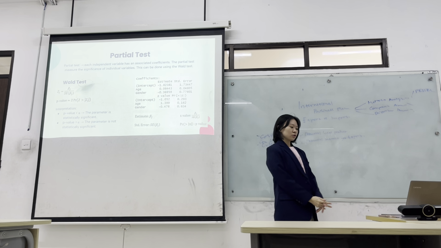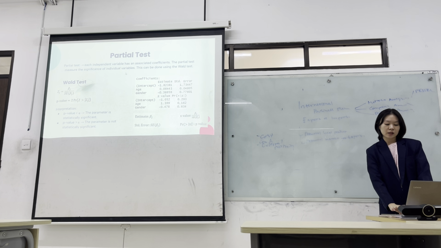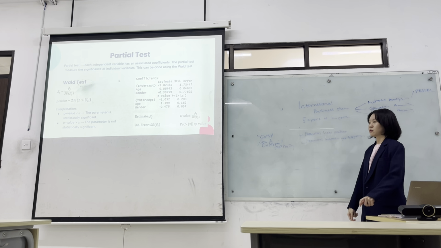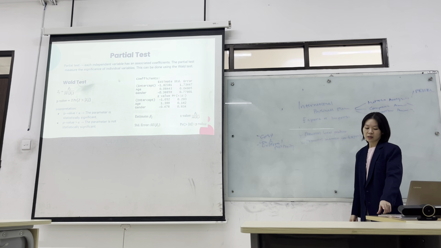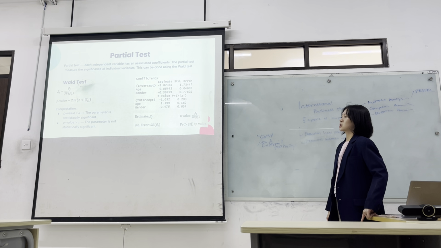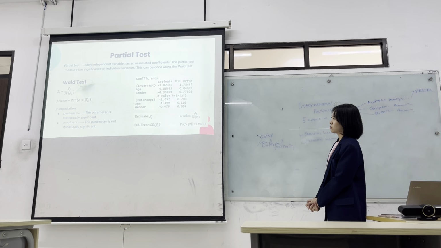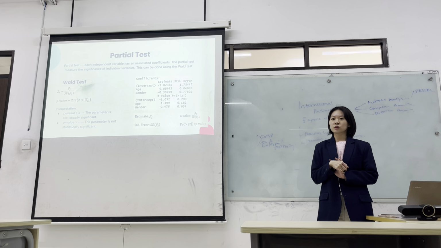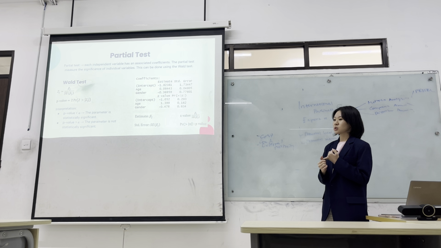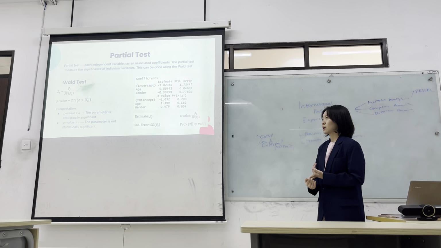If the p-value is less than alpha, then the parameter is statistically significant. If it is bigger than alpha, then the parameter is not statistically significant. The alpha value that we usually use is 0.01 and 0.05.